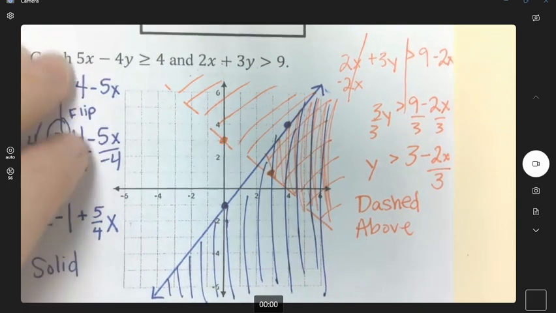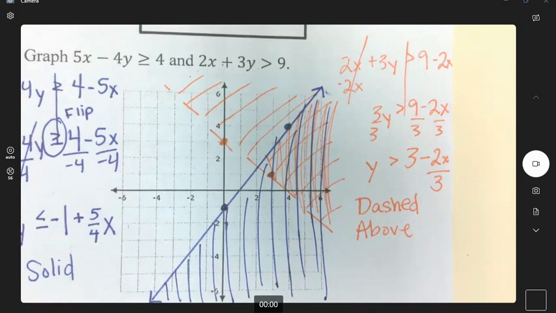Okay, so we just need to check this in Desmos. So go to Desmos.